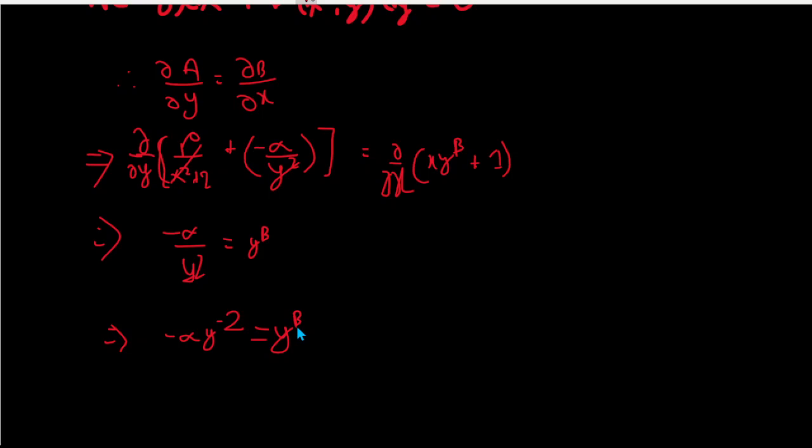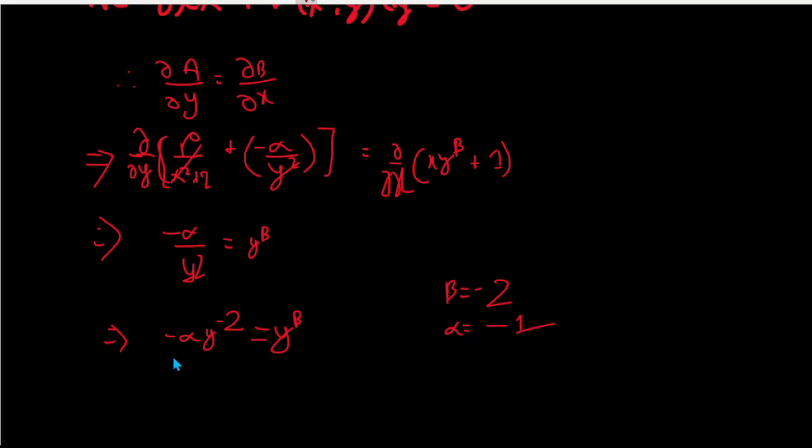If you see it very carefully, you can find the values of alpha and beta both. If you equate the bases and powers, you find that beta equals negative 2 and alpha should equal negative 1.